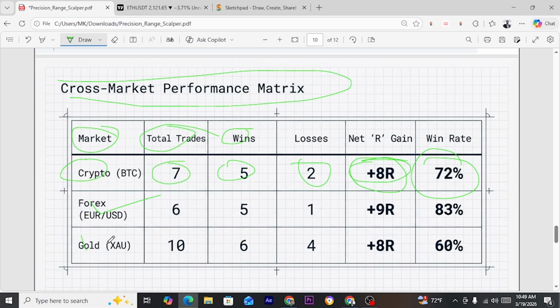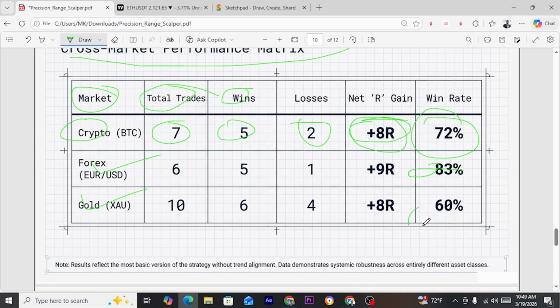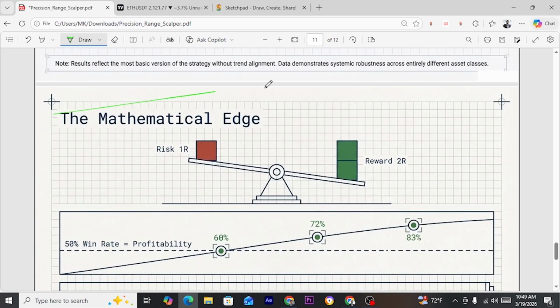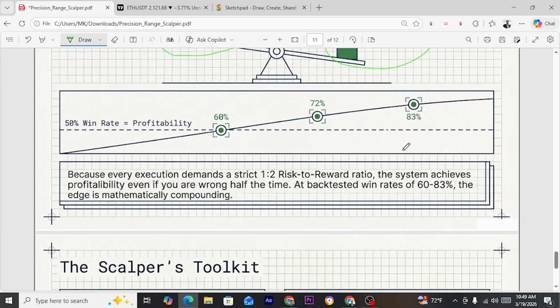From here, Forex and gold are the same, 3 and 60. The mathematics is risk and reward. Reward is always more than risk. Okay, with a 50% win rate, profitability 60%, 72%, 83% will be going up.